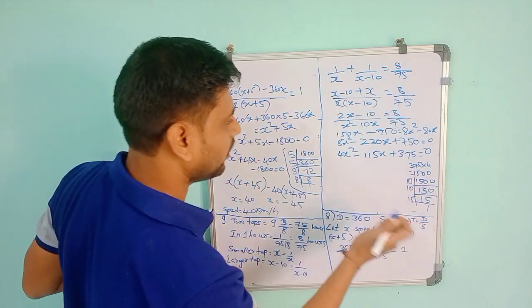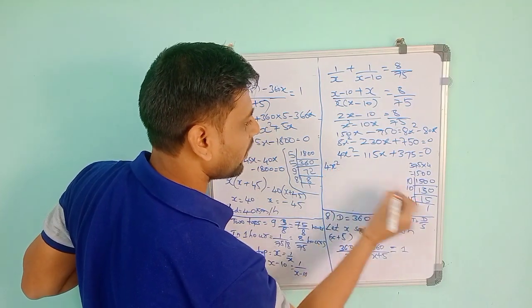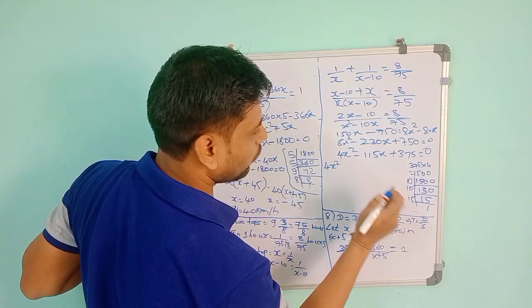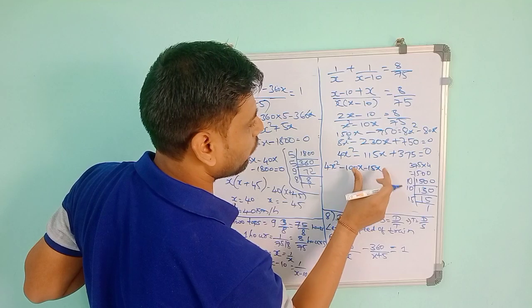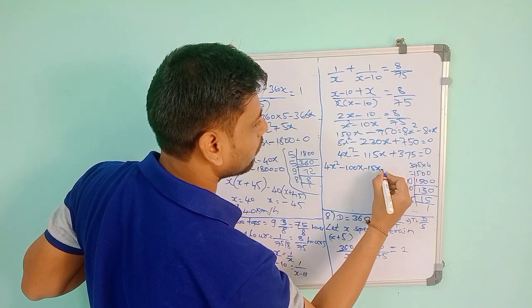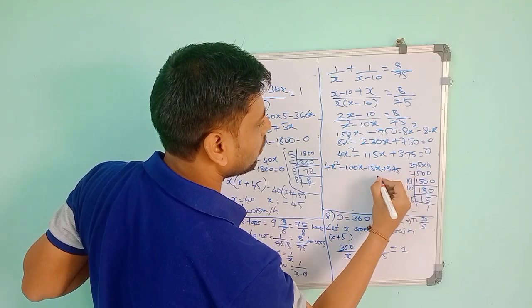So you can take directly the roots: 4x square minus 100x minus 15x, which becomes 115x, and 100 into 15 is 1500, plus 375 is equal to 0.